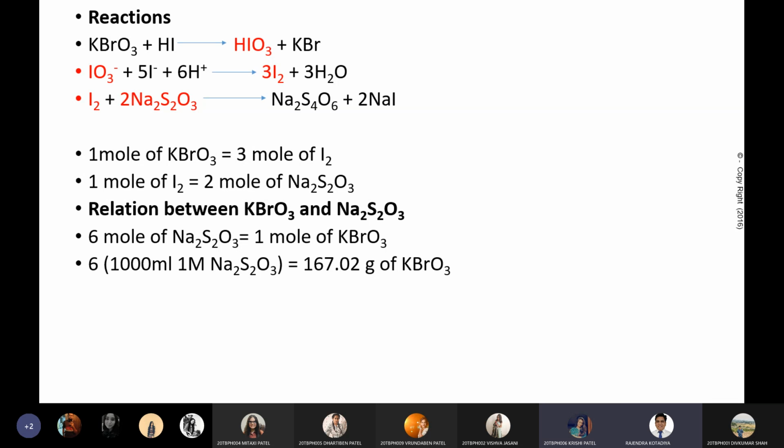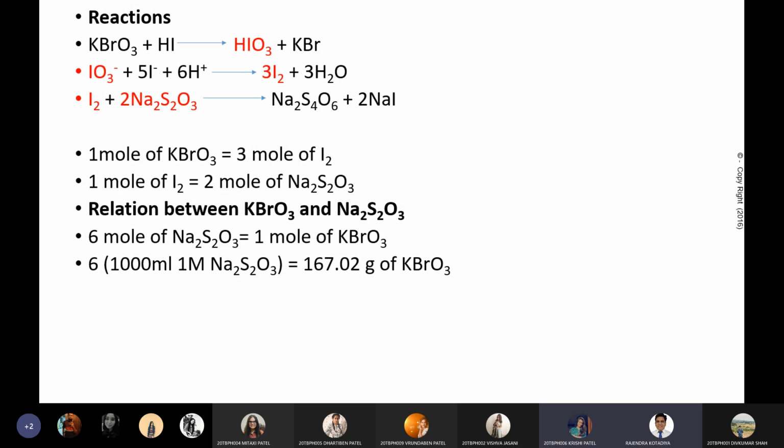So 1000 ml of 1 molar Na2S2O3 will be equal to 248 grams. So 6 into 248 grams of Na2S2O3 will be equal to 167.2 grams of KBrO3.